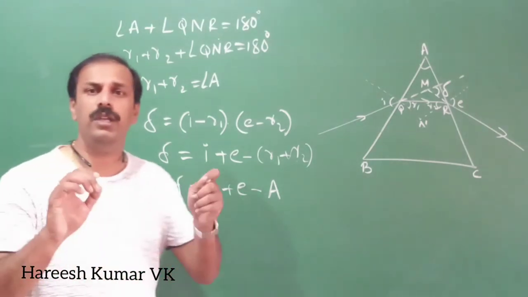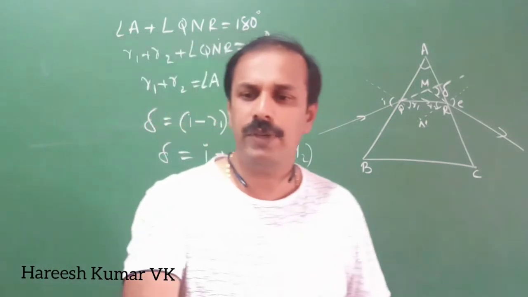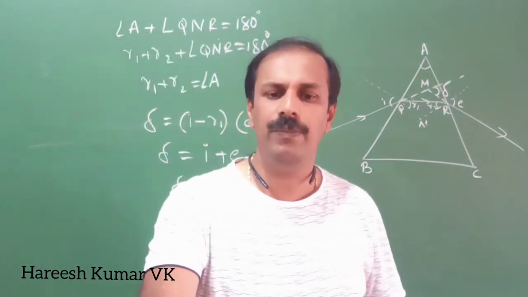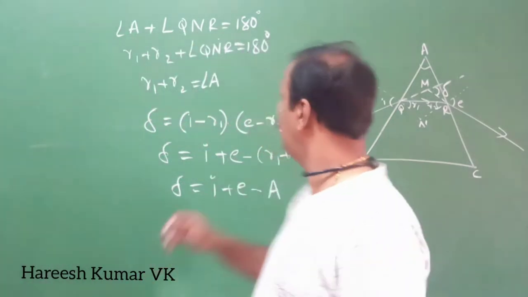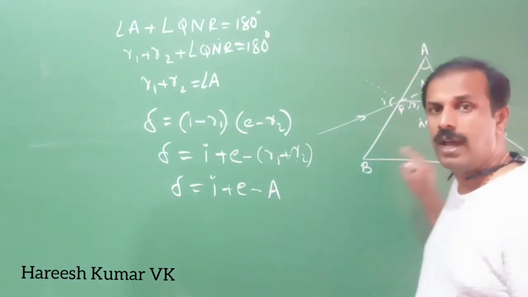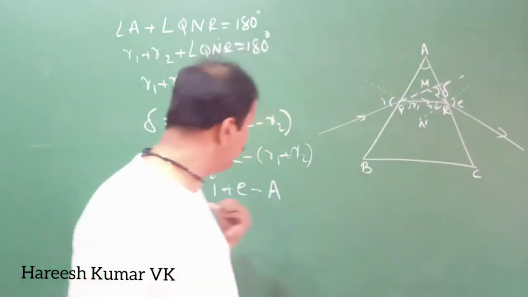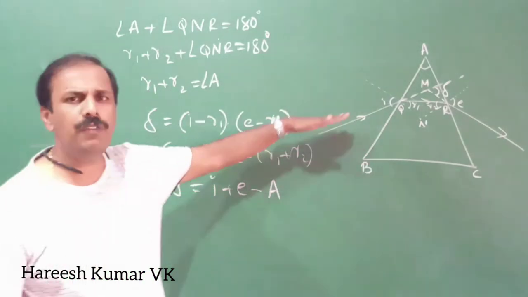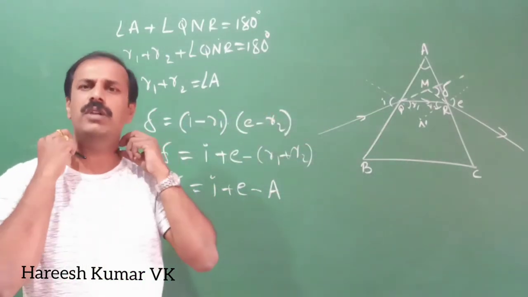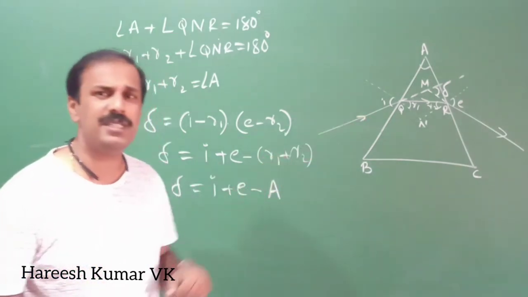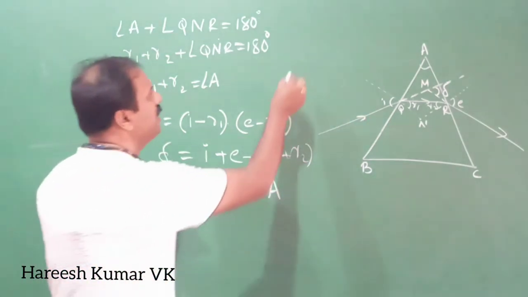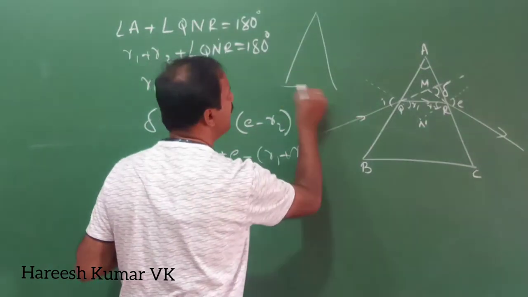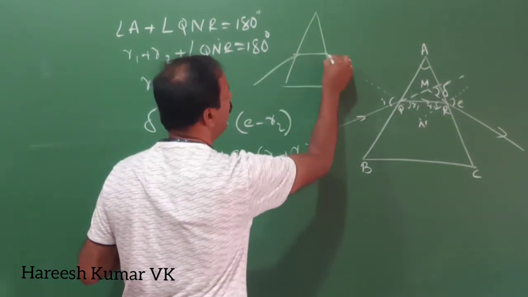Now the next point you have to remember is this: when the light is passing through this prism, it undergoes a deviation like this here, and the total deviation is given by this equation. Now if you change the angle of incidence, the angle of deviation also will change, and how the ray is passing inside the prism also will change. See here, the prism is like this, the light is going like this, then it is going like this.